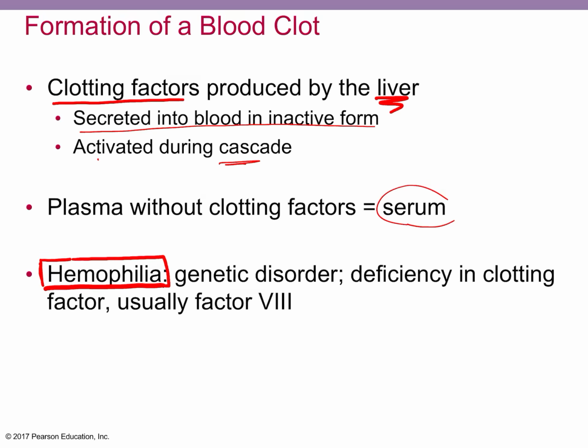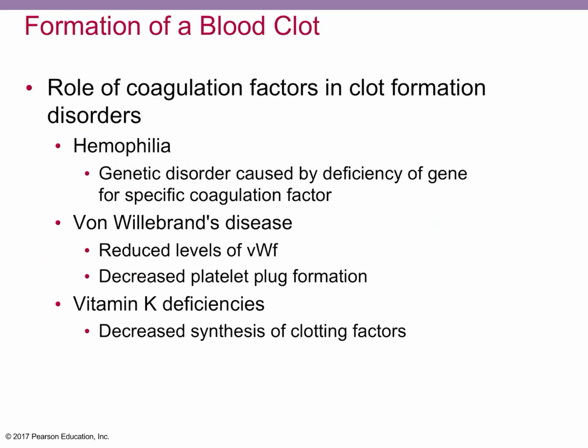The disorder called hemophilia is a genetic disorder where you are born with a deficiency in one of those clotting factors, usually factor 8, but there are 3 kinds of hemophilia. Each one has a different clotting factor that you're missing. Hemophilia is basically where you can't clot properly. So it's a disorder of clot formation.